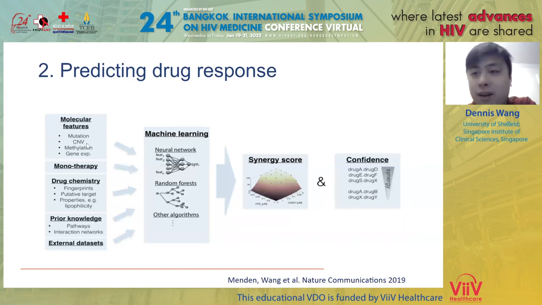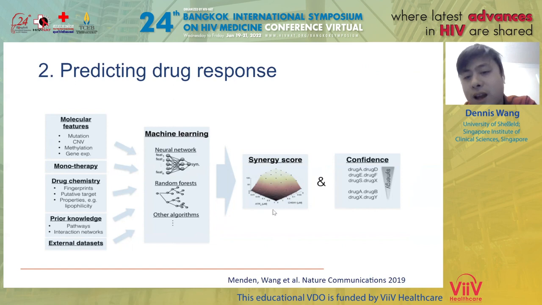So we can extract different molecular or genomic data and integrate these features in a machine learning model. Some of them could be using deep learning techniques, some could be more traditional machine learning models. And the task is to predict the drug efficacy or toxicity.